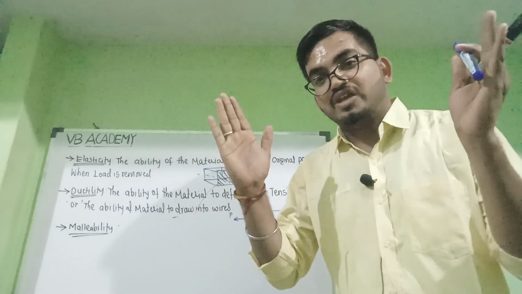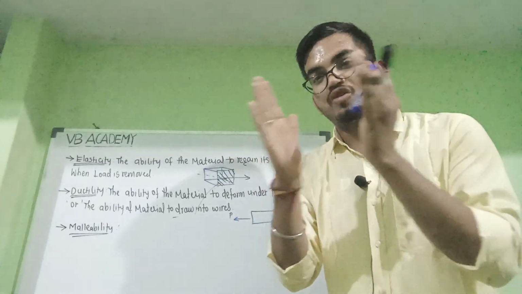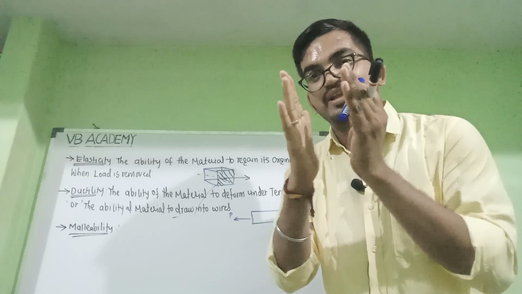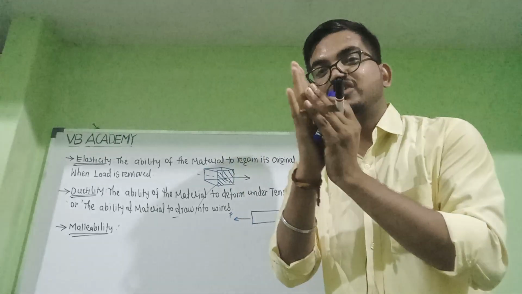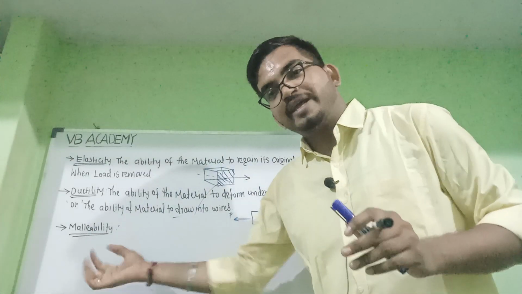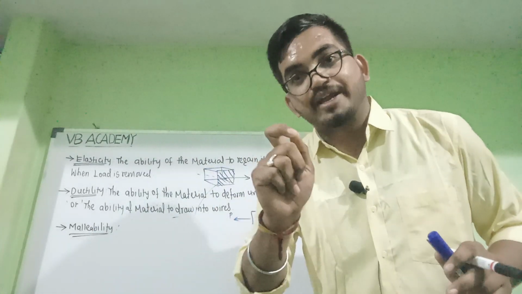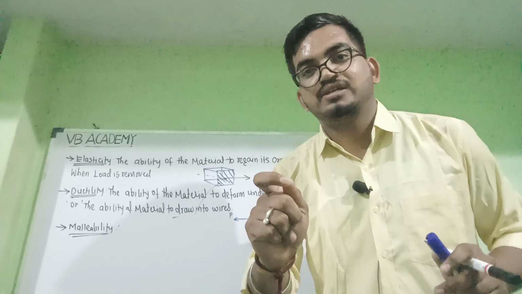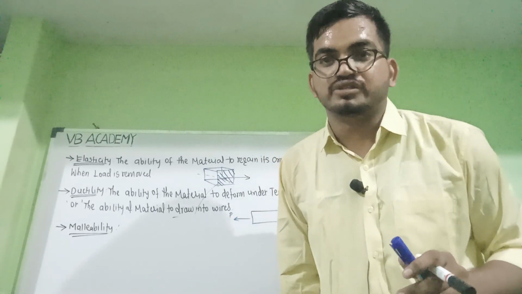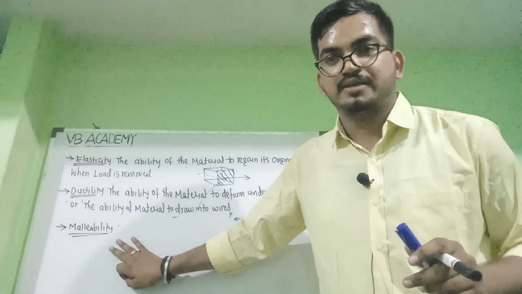If you apply a compressive load on a sponge, what happens? It will get thinner, meaning it forms like a sheet. Clear? So malleability is the ability of the material to deform into sheets, or to deform under compressive loads.